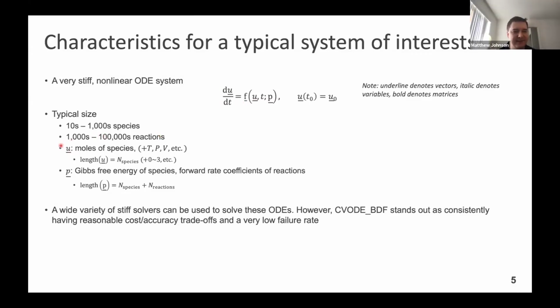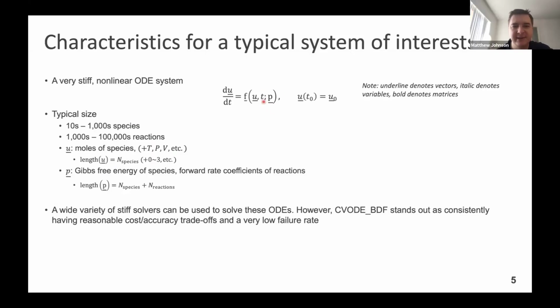We have some state vector u, which holds the moles of each of the species, plus some set of thermodynamic variables: temperature, pressure, volume, etc. That sets the size of the vector we're simulating in the ODE. Often we'll have tens to thousands of species, so this vector can be on the order of 10 to 1,000 in length.